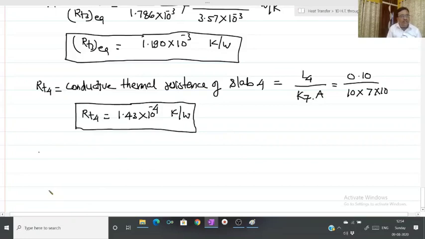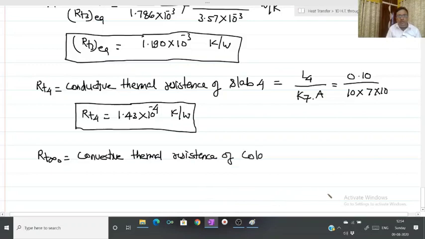And the final thermal resistance, that is RT infinity O, is convective thermal resistance of cold fluid, and it is represented by 1 over HA. So in our case, it will be 1 over H infinity O into AO. AO is nothing but area of the slab.